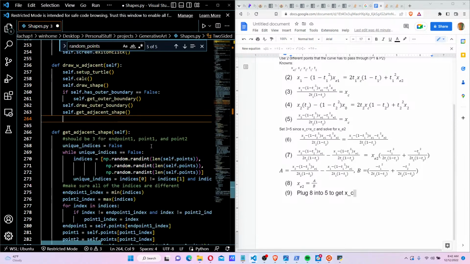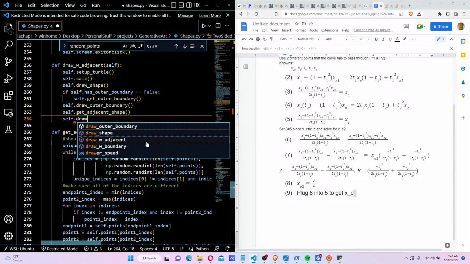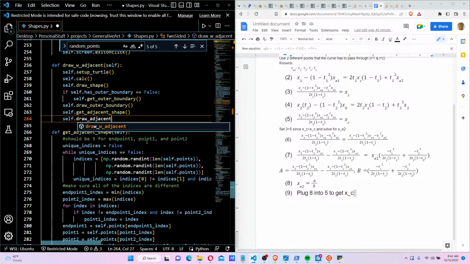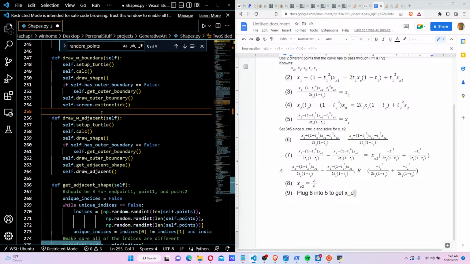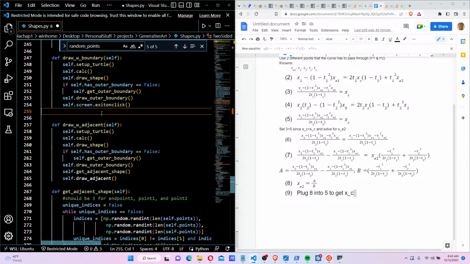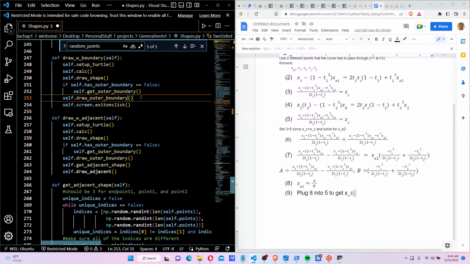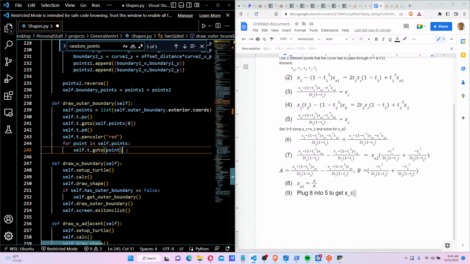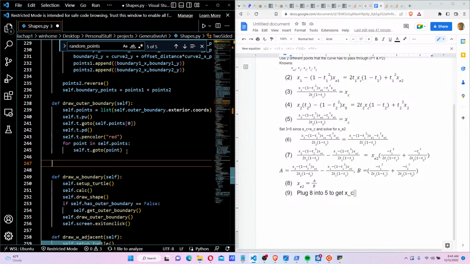And then self.draw adjacent. So I'm going to call this method, which I just have to define first. So draw shape, draw outer boundary. So I guess I just need to do draw adjacent.